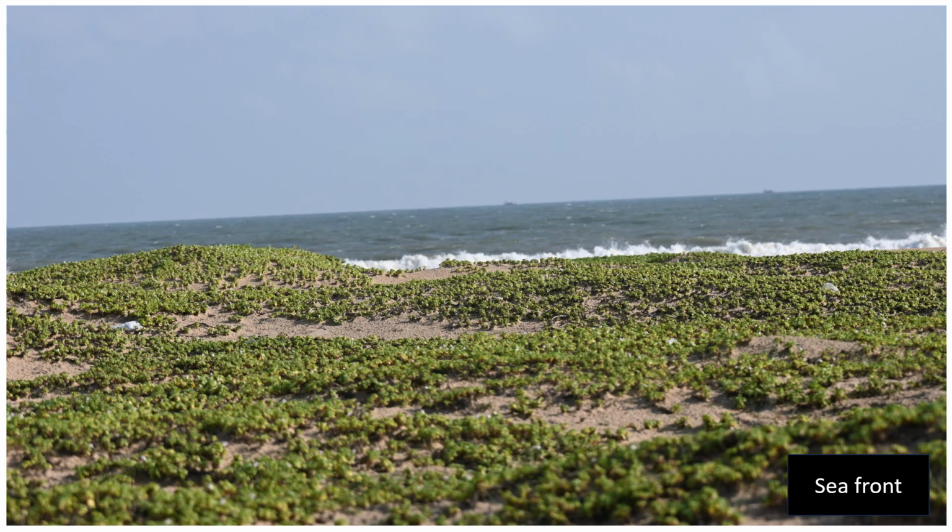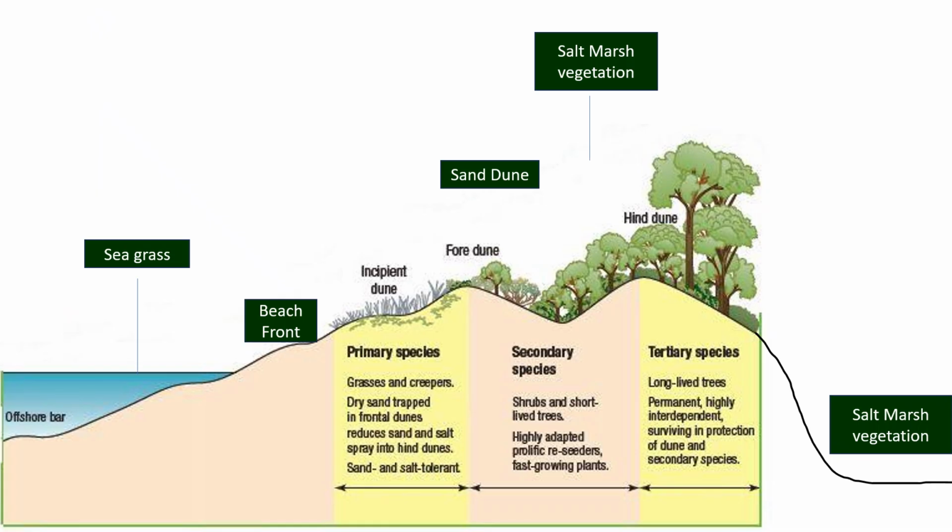Such kinds of plants are very important, because it helps the face to face the stress created by the salt spray. And then you will find that because of such plants, it helps to prevent sand erosion. So these kind of plants are very important in sea beach.